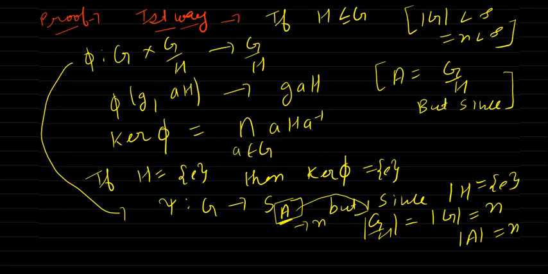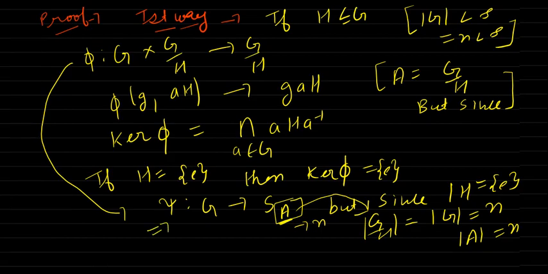So this implies that, and what was the kernel of phi? The kernel of phi was the identity. So this implies the kernel of psi is also the identity. And since the kernel is the identity and psi is a homomorphism, this implies that psi is 1-1.